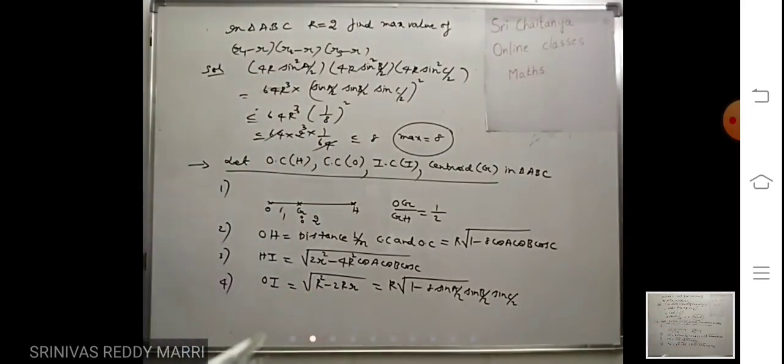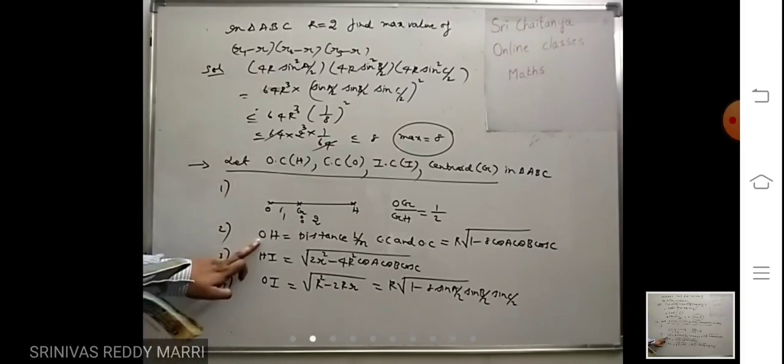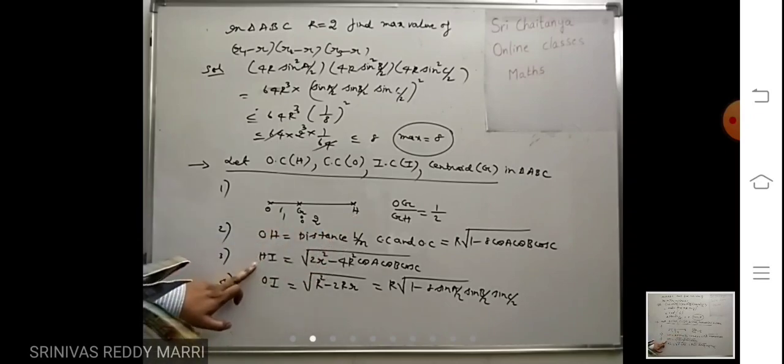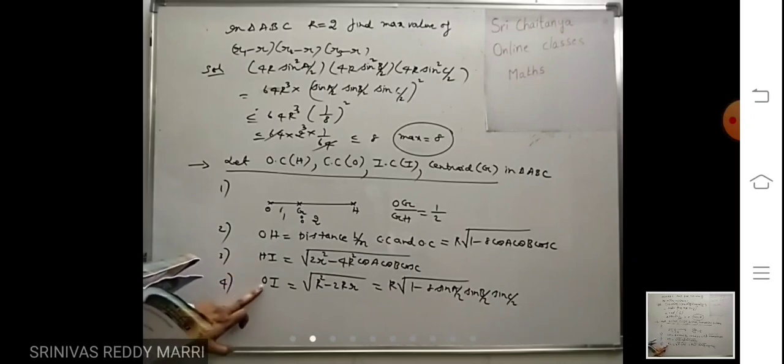Take this one. So these three: this is the distance between circumcenter and orthocenter, this is the formula for the distance between circumcenter and incenter.